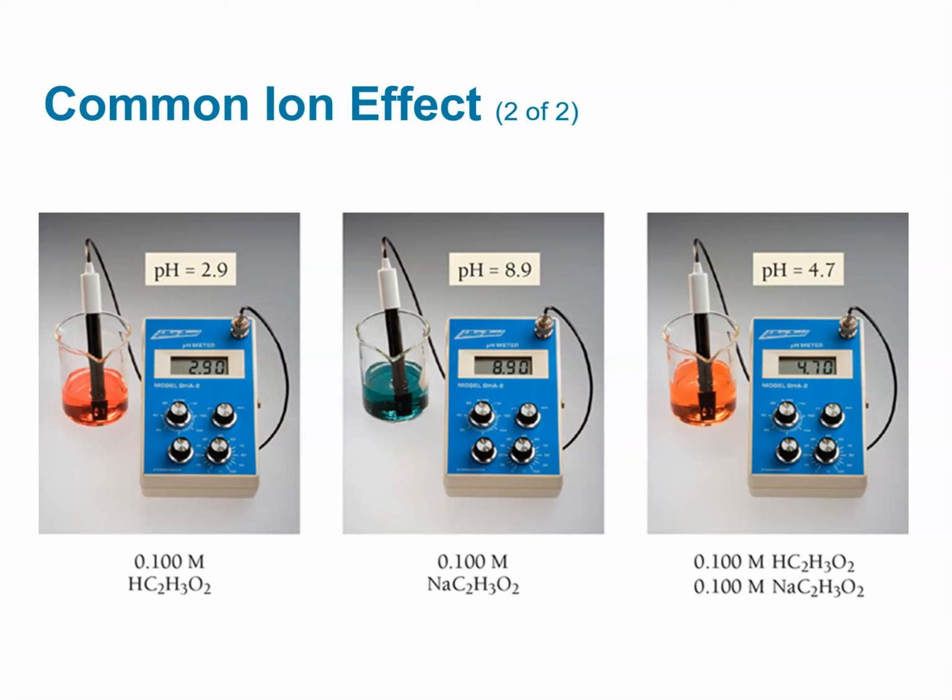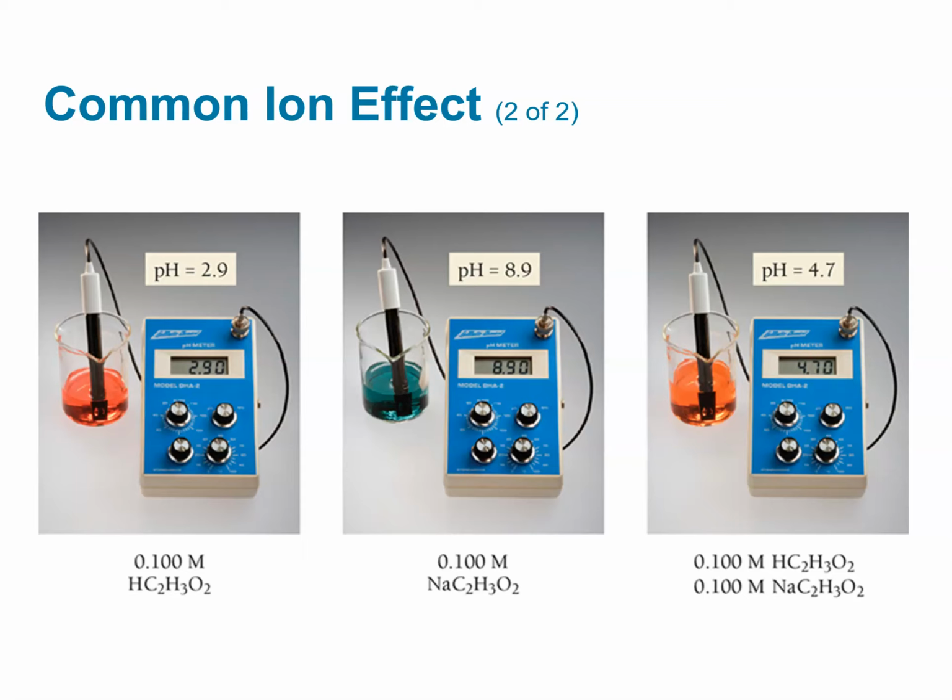Notice that the pH of the 0.1 molar acetic acid is 2.9 pH units, and the pH of the 0.1 molar sodium acetate is 8.9, so slightly alkaline. Now, to a novice, you would think, well, what would happen if we mixed these together? We would just meet in the middle. But that's not the case.